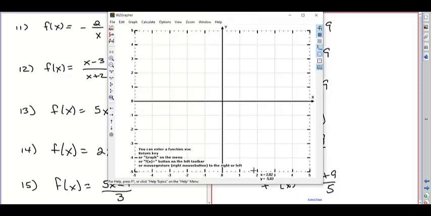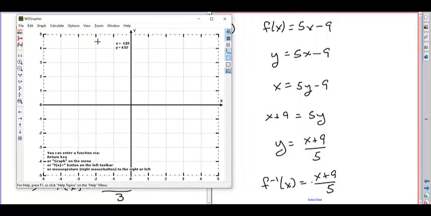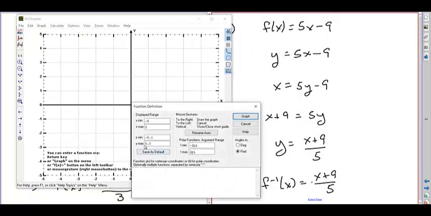And what we'll do is we'll plot these. So we'll have the original function, which is 5x minus 9, the inverse function, which is x plus 9 divided by 5.